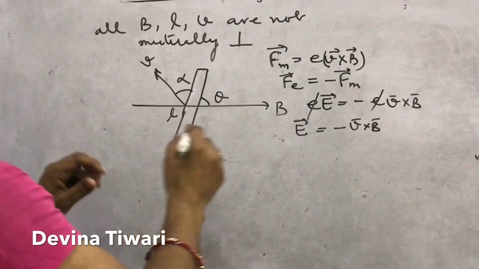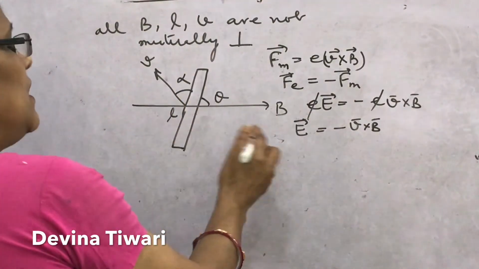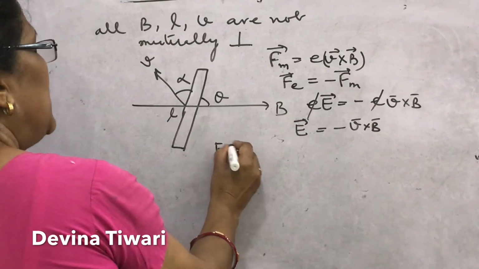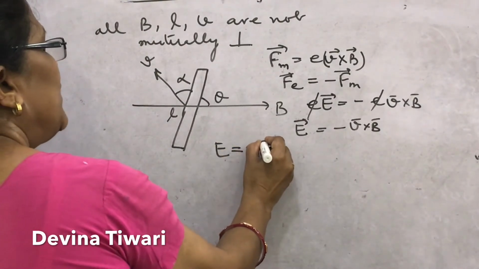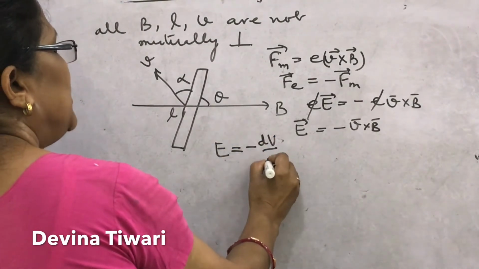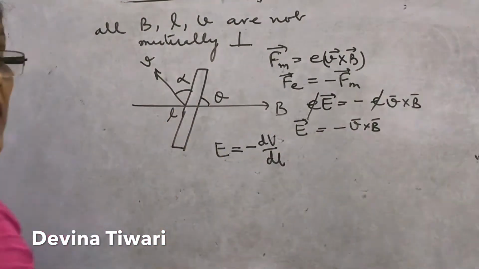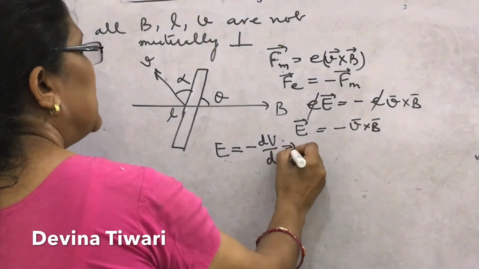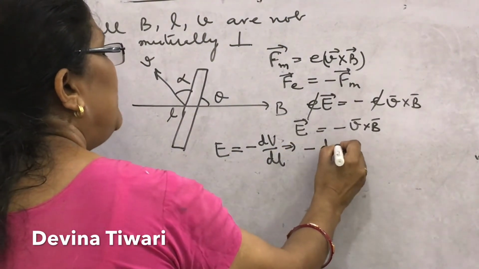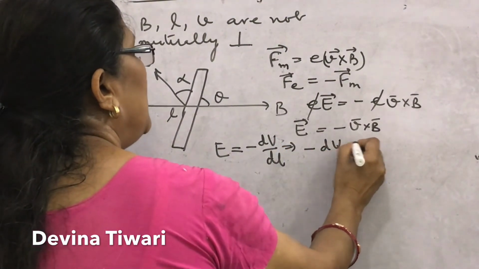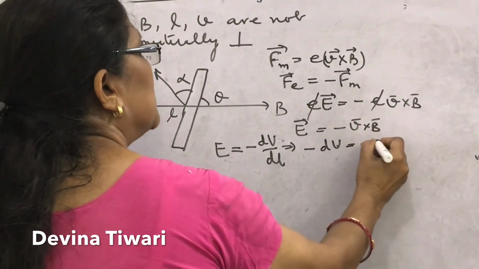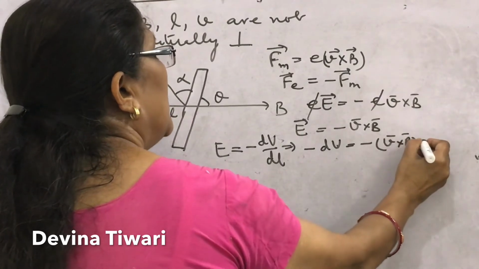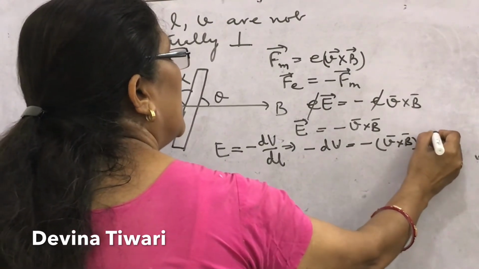Suppose the length is L; how will you write the potential difference? You know the electric field is the negative potential gradient, minus dV by dl. So this implies minus dV by dl equals minus V cross B, and you can write dl on the other side, so minus V cross B into dl.